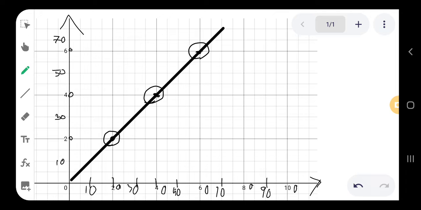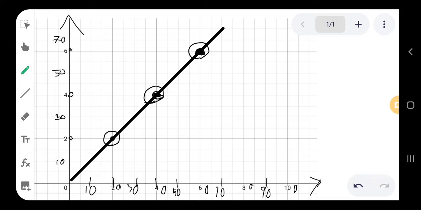My speed is uniform. Suppose I'll take any point, suppose from this point to this point, I want to find out the velocity or speed.